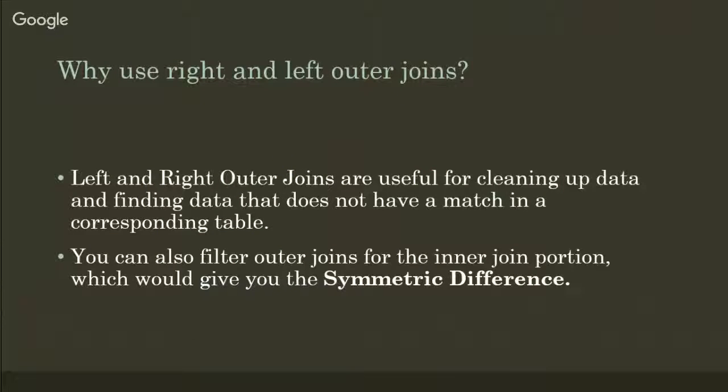So the point I'm making with that last bit of information is that there are a lot of different ways you can get strong control over what results you want, and what data is joined together. It takes a little bit of practice.